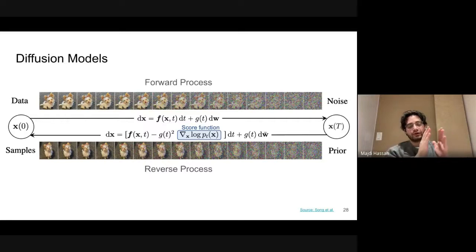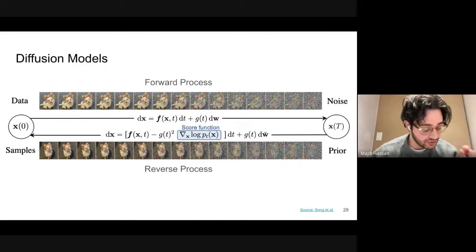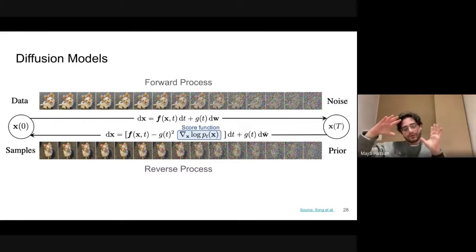Here, the noise scales are just capital T: we have T different steps of adding little bits of Gaussian noise. So we're going to try to learn that gradient of the log likelihood, and then try to reverse it.